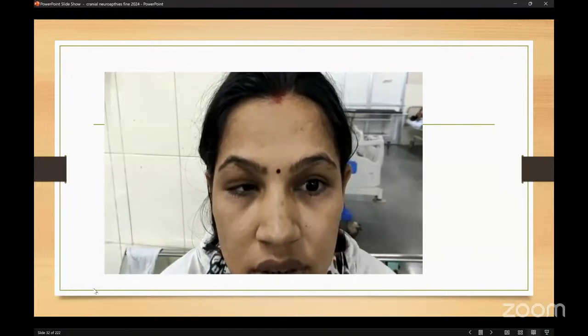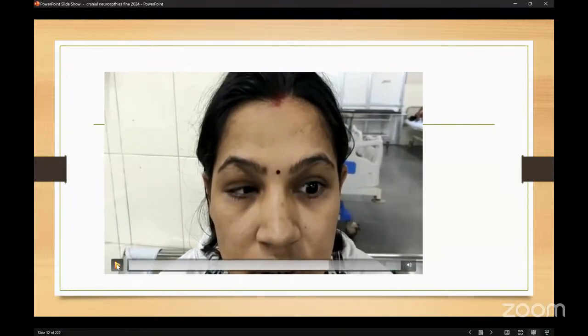Here, what is happening? So she is not able to abduct both the eyes, correct? On both sides. The right side also abduction is not happening. Left side also abduction is not happening. But along with that, you can also see that there is eyelid depression when the patient is trying to abduct the eye. So what is that called? Duane's retraction.